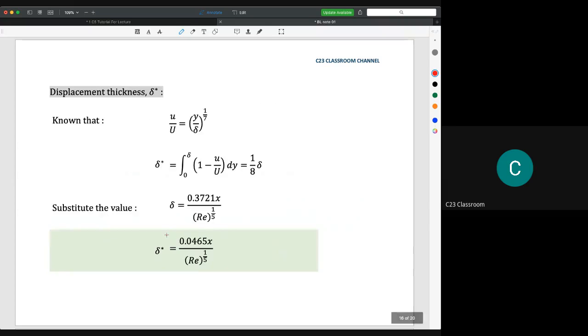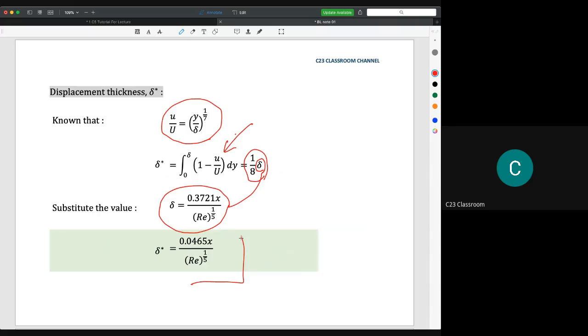Then we can calculate the delta star, by using u over U equal to y over delta to the power of 1 over 7. We substitute into the equation for the delta star here, so we get 1 over 8 delta. We substitute the value of delta from our previous calculation, and finally we get this value for the delta star.